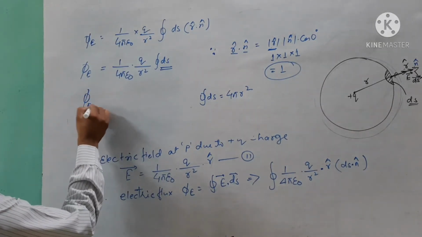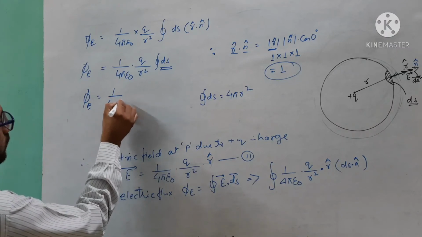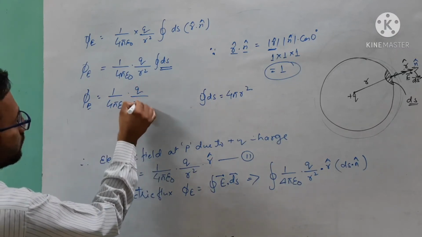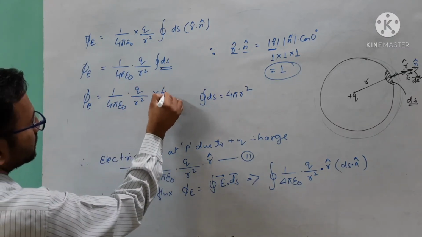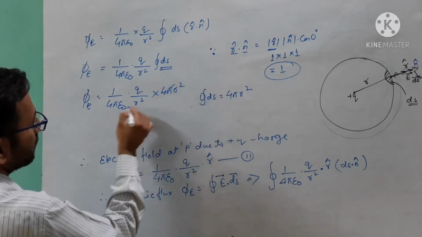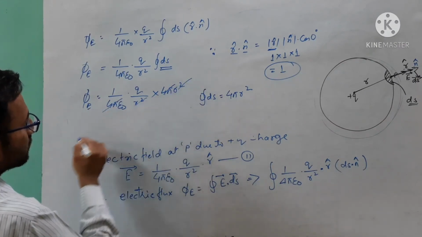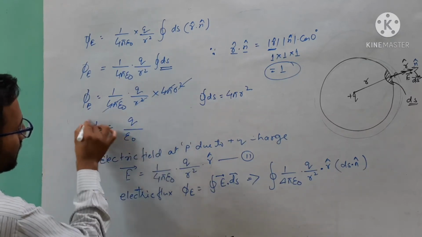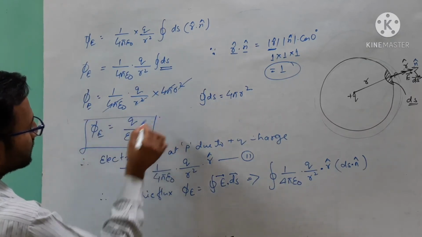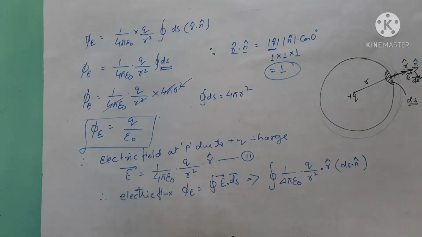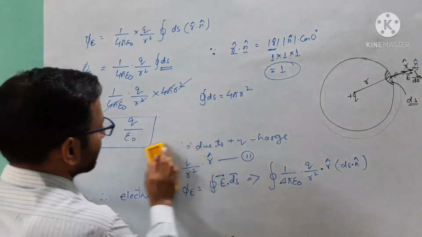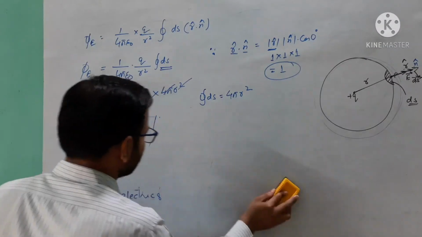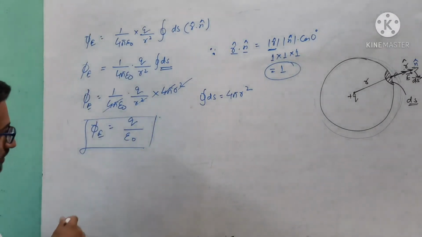So phi e is equal to 1 over 4 pi epsilon naught, q over r square. In place of the integral you put this value, 4 pi cancels 4 pi, r square cancels r square, and phi e is equal to q over epsilon naught. This is your final result, which is the proof of Gauss theorem. Got it? So this is the proof of Gauss theorem.